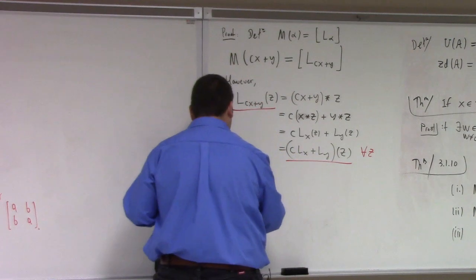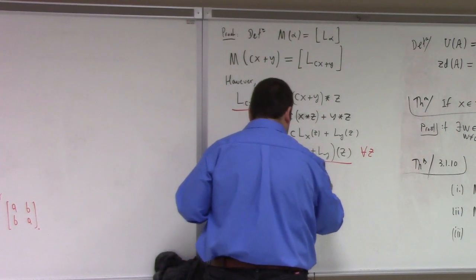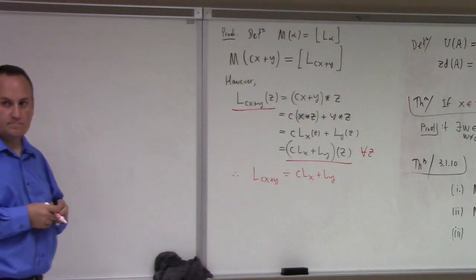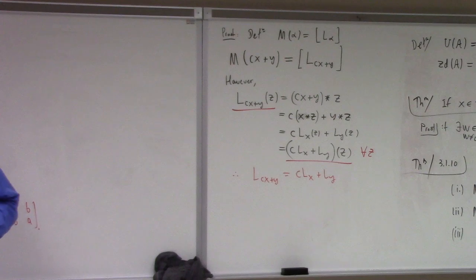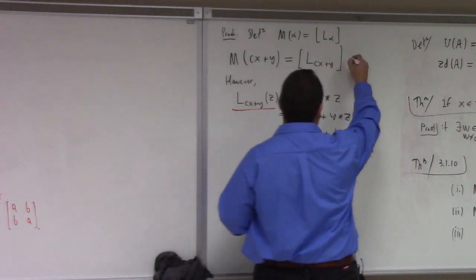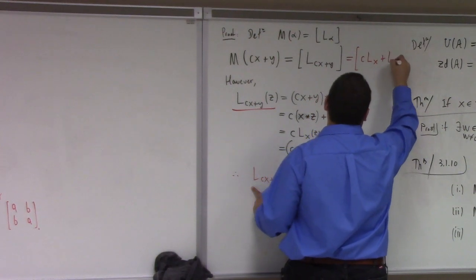Therefore L of Cx plus y is actually equal to CLx plus Ly. So not only is L sub alpha a linear transformation with respect to its input, it's also a linear transformation with respect to the number which it labels. Long story short, that means this is equal to CLx plus Ly.